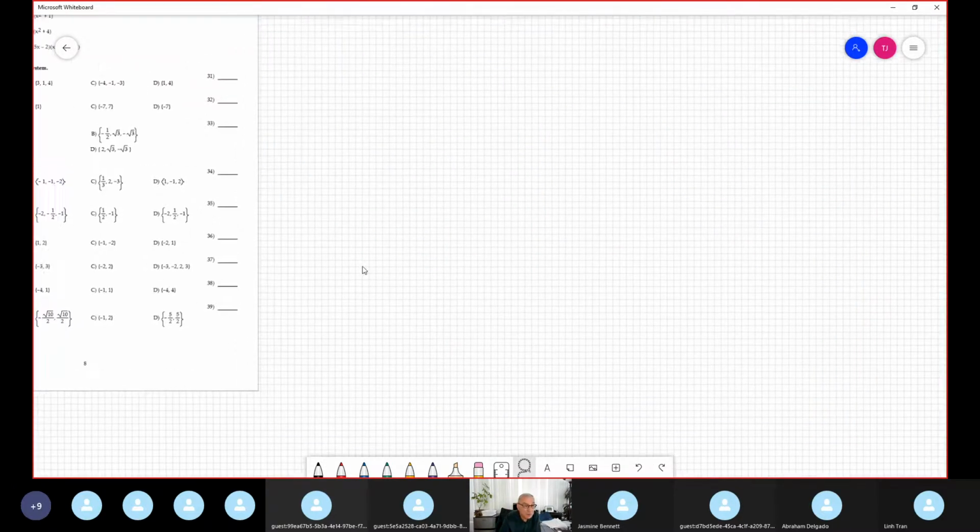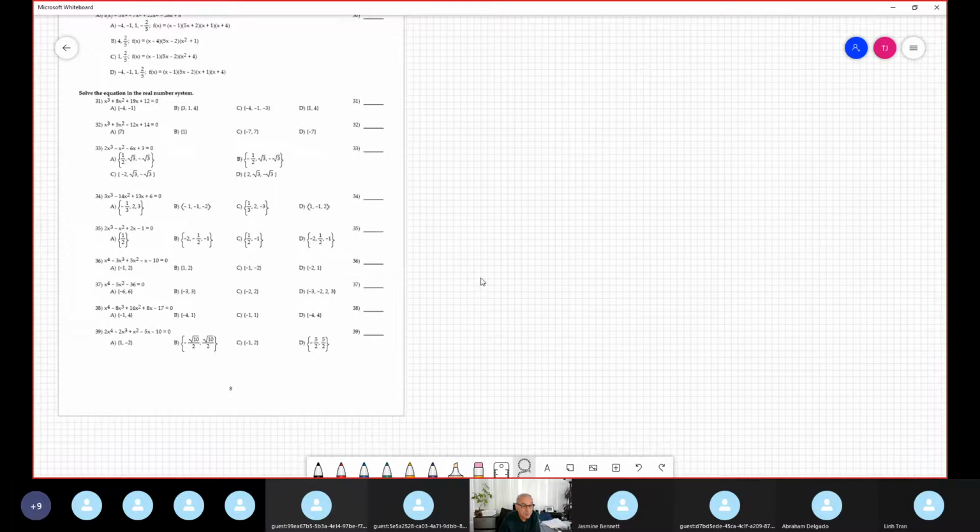Okay, 34 now. 34 is 3x to the cubic power minus 14x to the second power plus 13x plus 6 equal to 0. Step number 1, I go to Desmos.